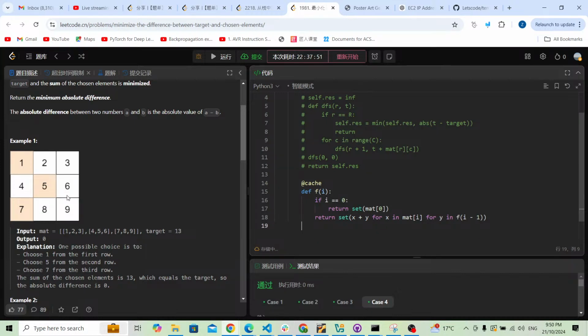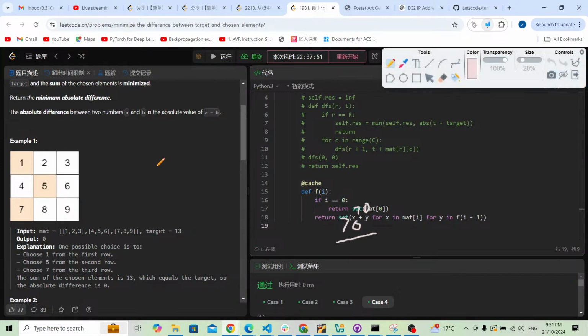Let's use an example. If we only have 2 rows, it's going to be something like this. If we calculate the second row, here I is going to be 1. So f of I minus 1 is going to be f1. If I equals 0, we return directly, but here I equals 1, it means x plus y. x is inside mat I, so it's going to be 4, 5, and 6, and y is inside f I minus 1, which is f0.